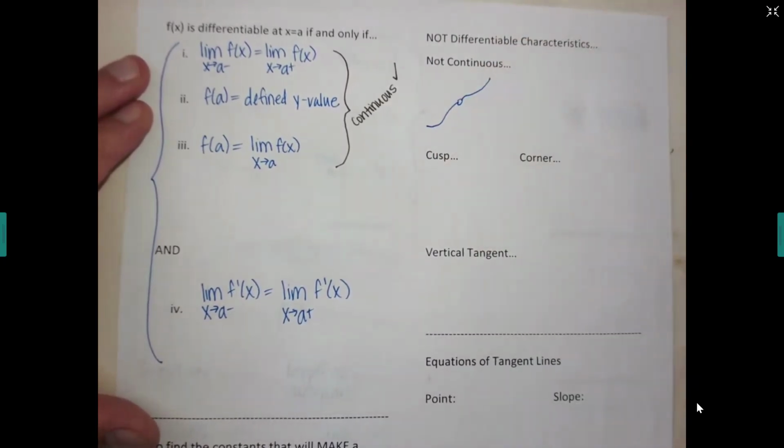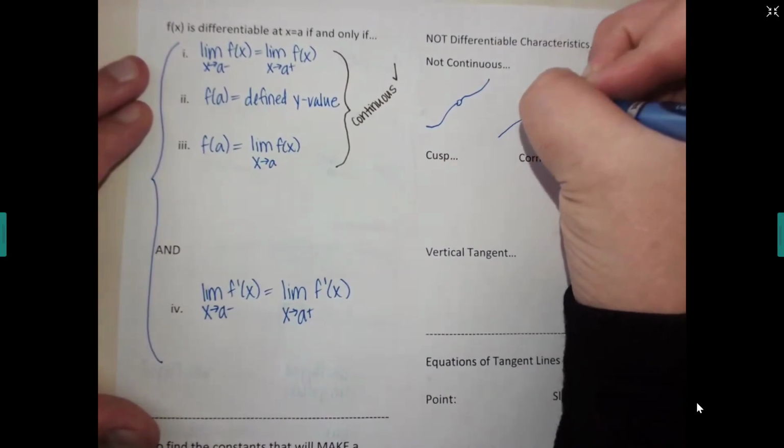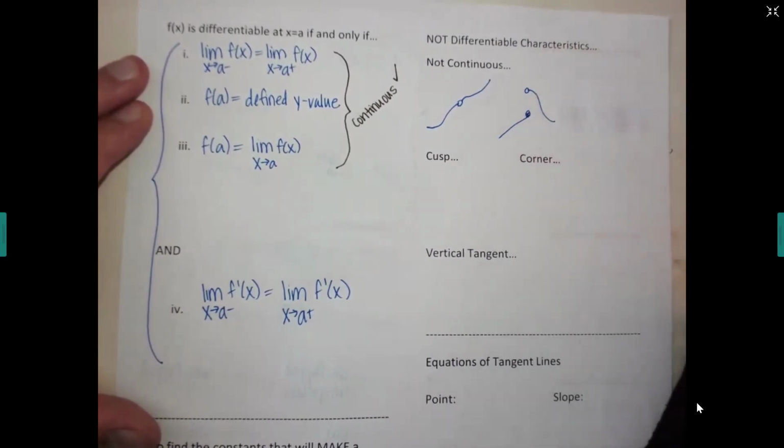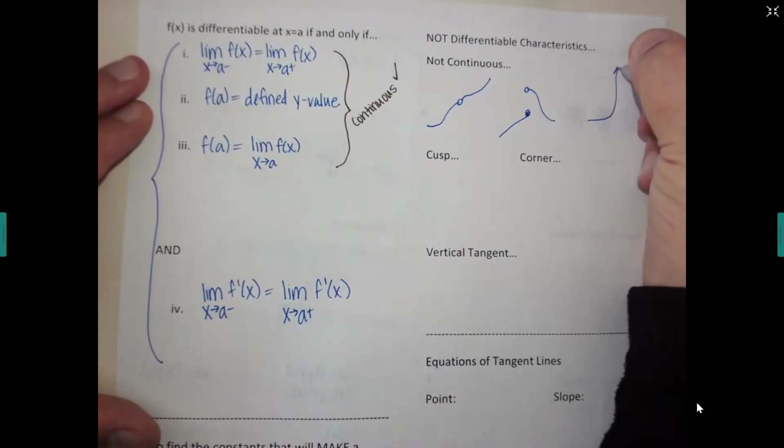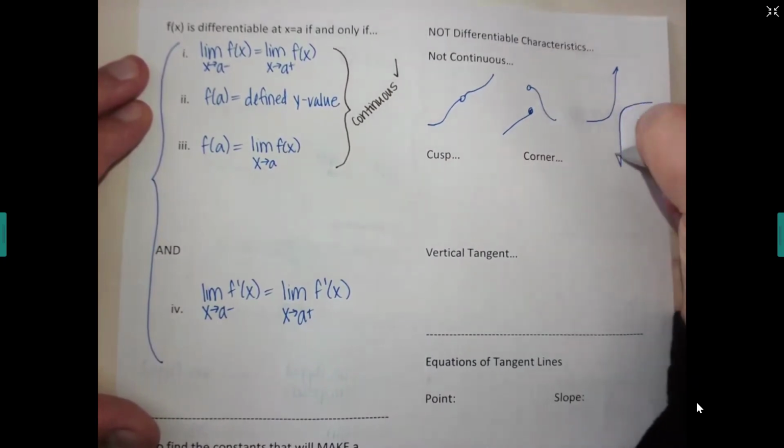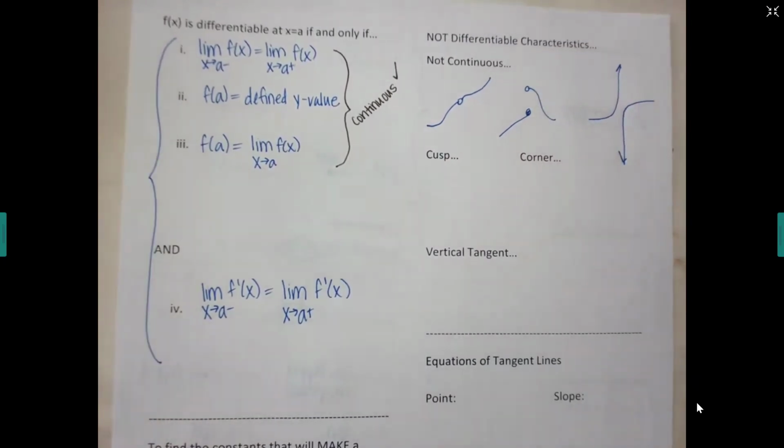You could have a jump. Or you could have an asymptote. Any disconnect in the graph automatically can't be differentiable, because how could you draw a tangent line? It can't fit both sides. So any discontinuity is automatically not differentiable.